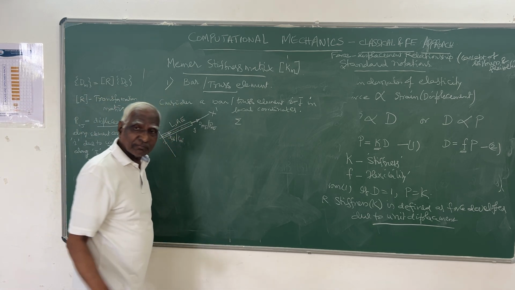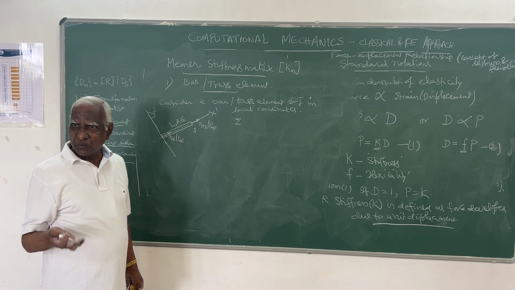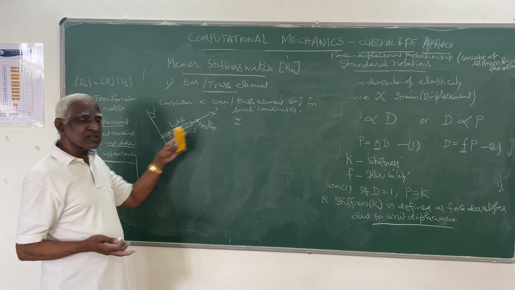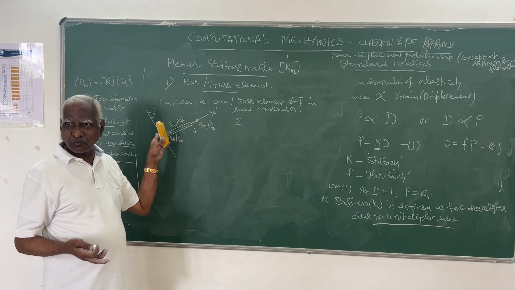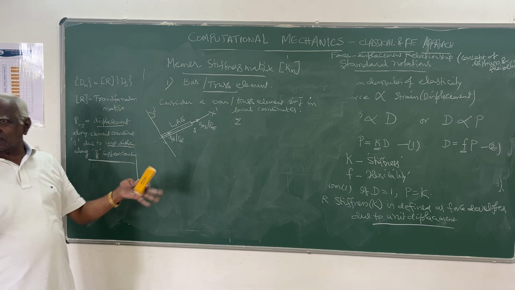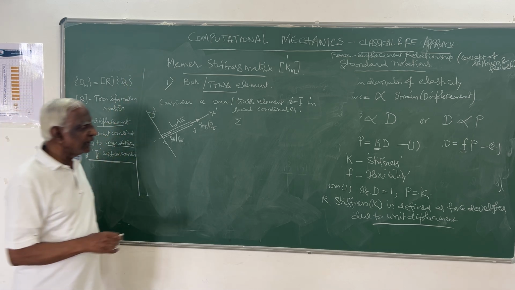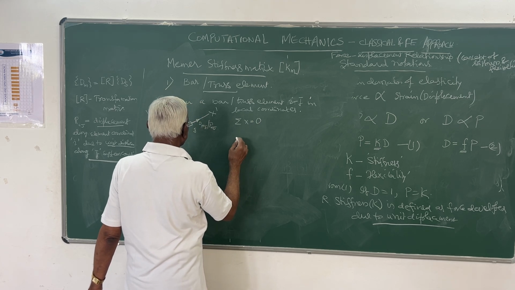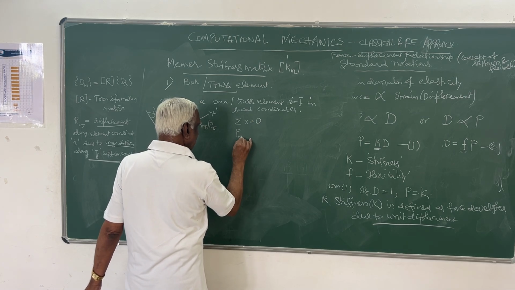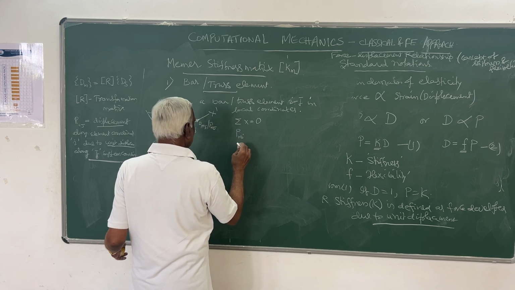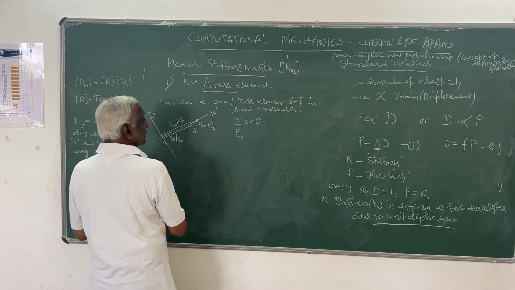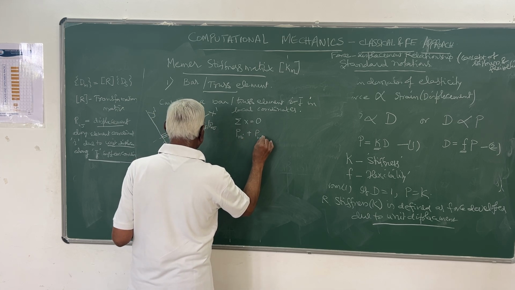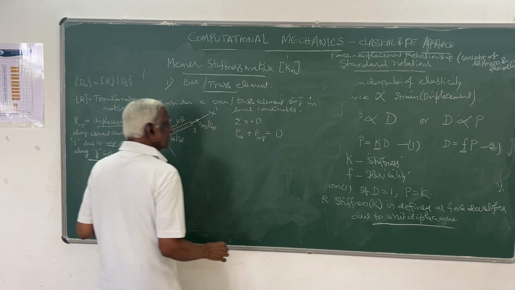How many equations of equilibrium do I have to apply? Two equations of equilibrium, sigma x is 0 and sigma y is 0. Here, in local coordinates, it is only 1 equation, since in the other direction there is no force developed. So sigma x is equal to 0. That means PMI plus PMJ is equal to 0.